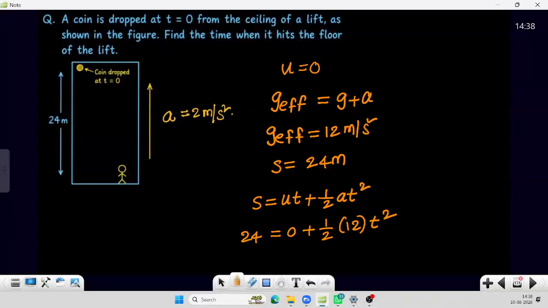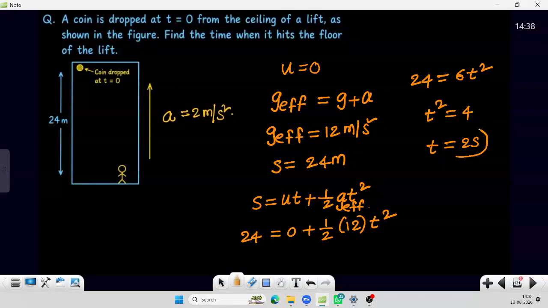The a value means g effective only. Acceleration is g effective. Simplify: 24 is equal to 6 into t square. Now t square is equal to 4, and the t value is 2 seconds.